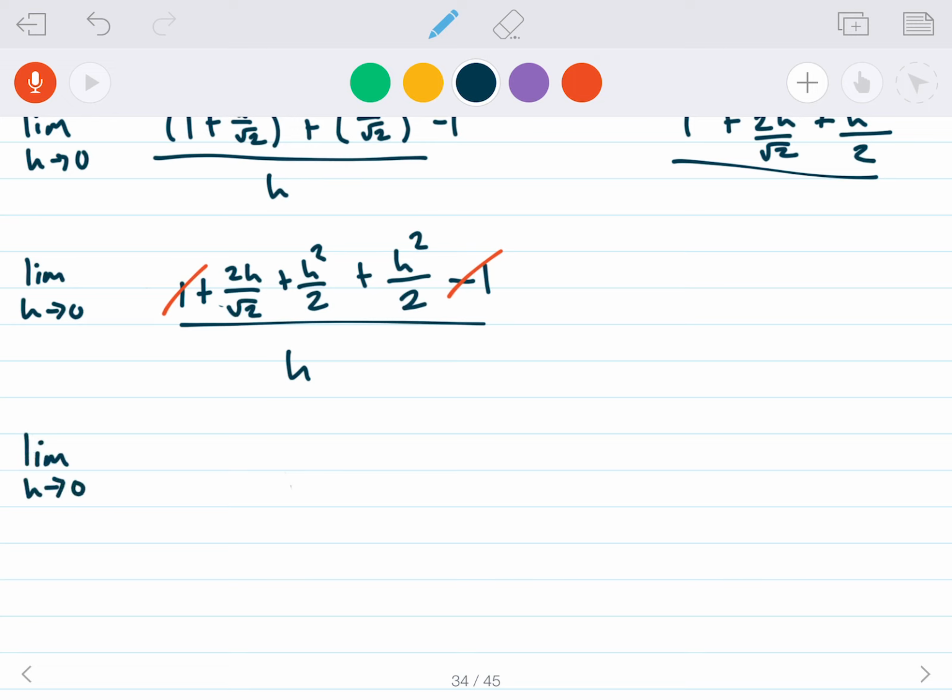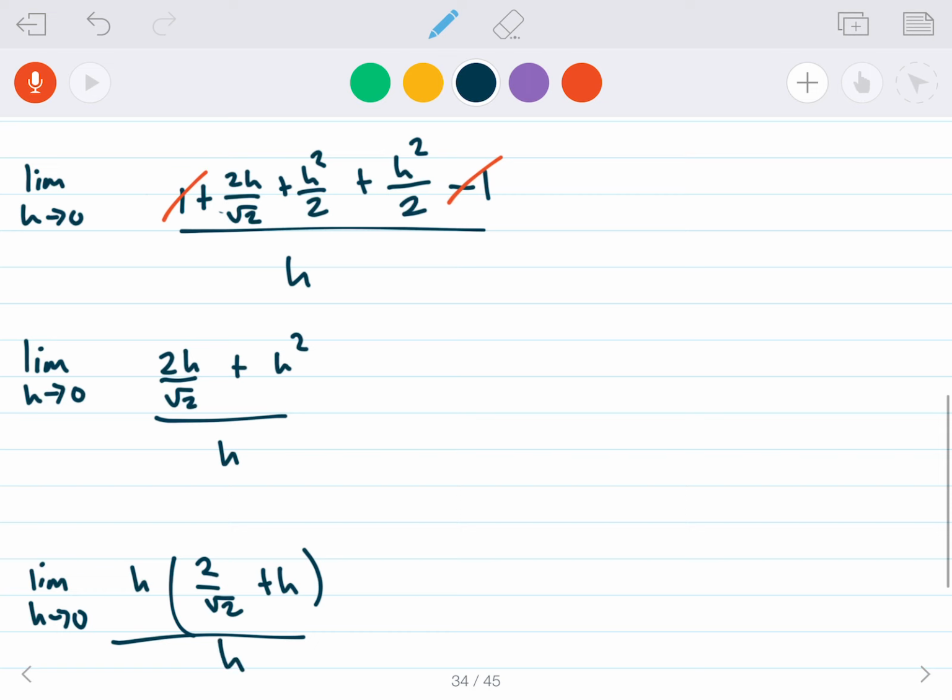Pulling out an h, I get 2 over root 2 plus h, all over h. Those h's cancel, and now I can plug in 0 for h, and I get my answer, and that looks right to me. So 2 over square root of 2, or if you rationalize by multiplying top and bottom by root 2, you get 2 over 2, which is root 2. So that is my answer.